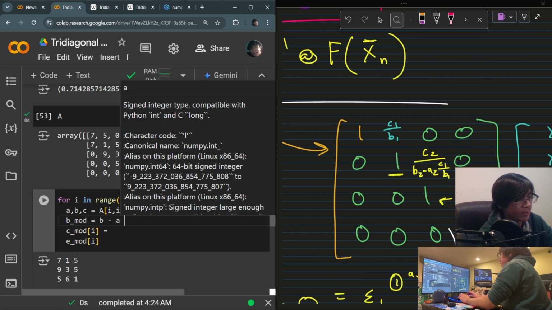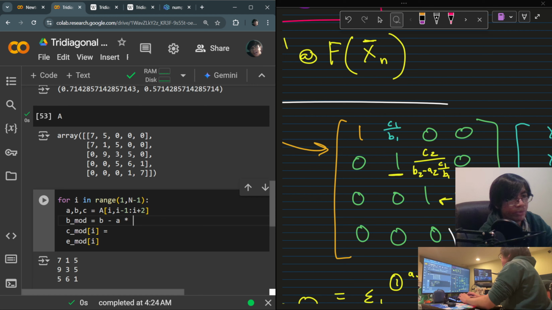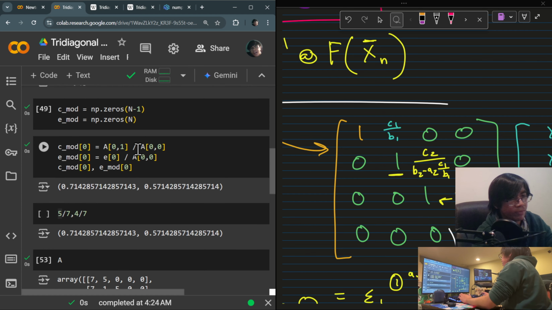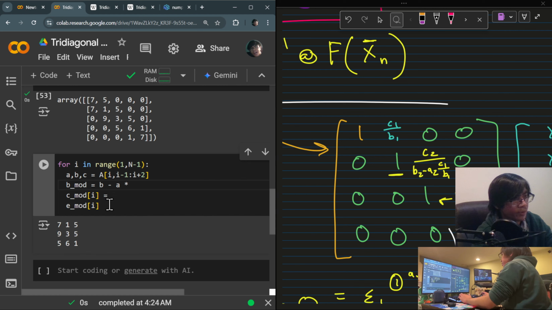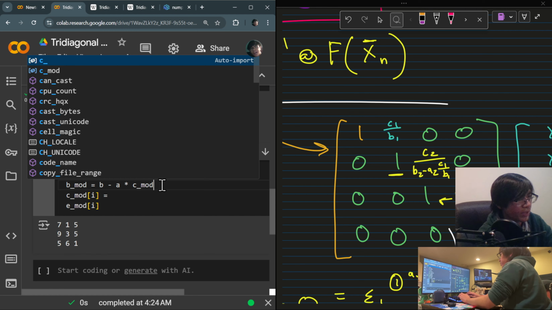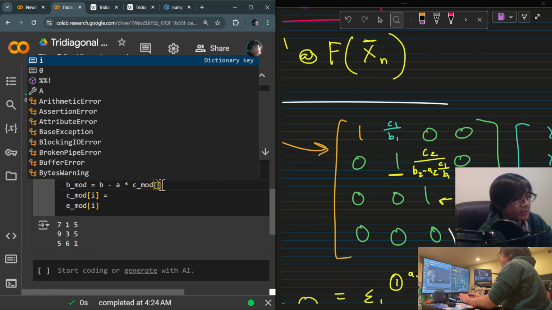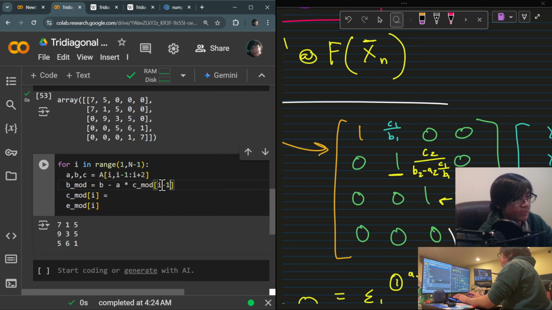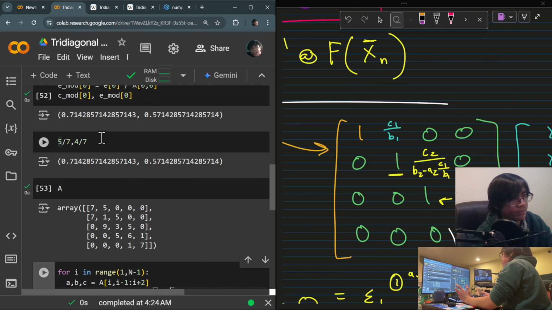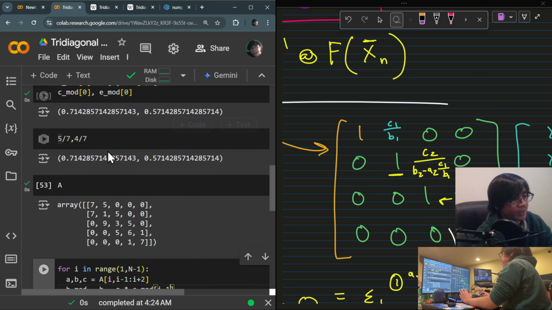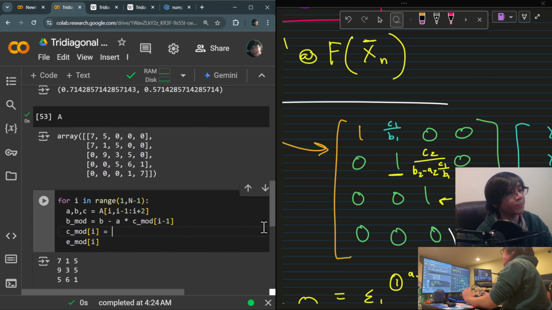And then multiplied by C1 over B1, so the previous value of the C modified value. So that would be i minus 1. If it starts at 1, we have 1 minus 1 is 0, so it gives us C1 over B1, which we already did, so that works out.